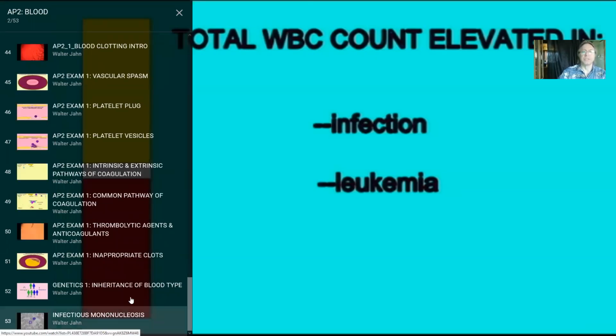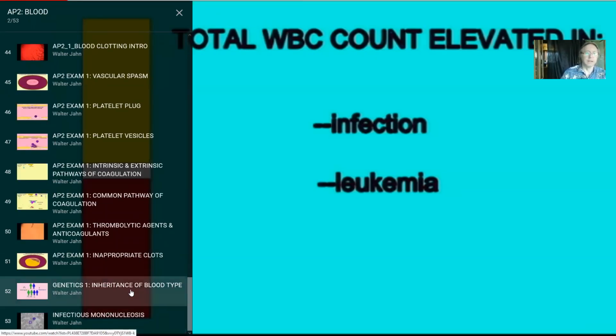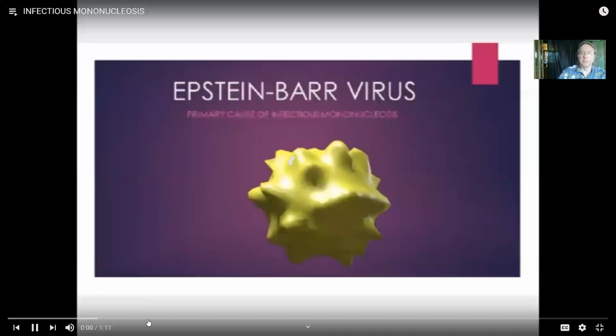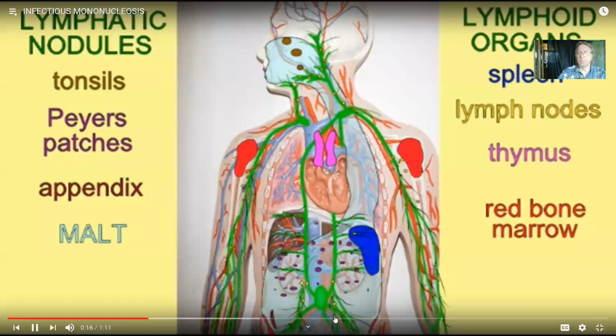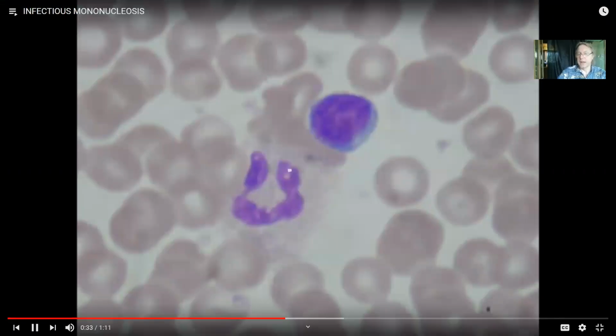leukemia. For example, if someone had an elevated total white blood cell count and their buffy coat's super thick, they might have been recovering from the Epstein-Barr virus and have had infectious mononucleosis. And so when one looks under the microscope at their blood cells, you would see far more white blood cells than is normal.